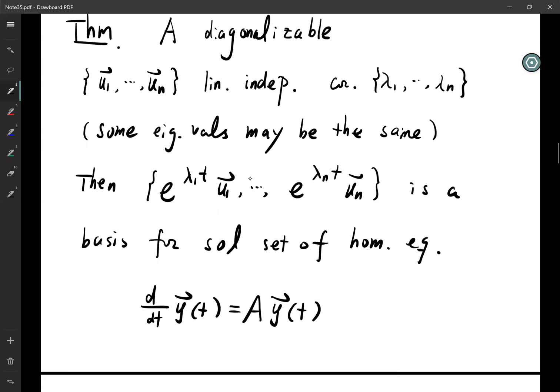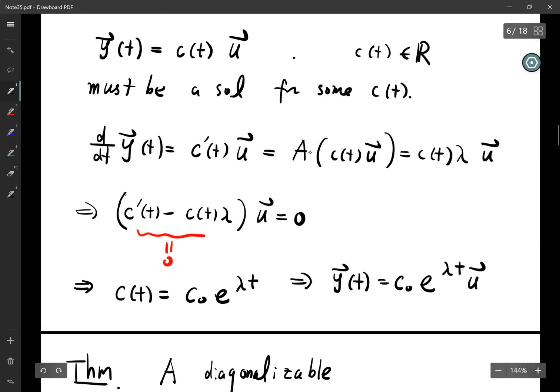The proof I've already shown you here. Now let me remember to use the mouse.